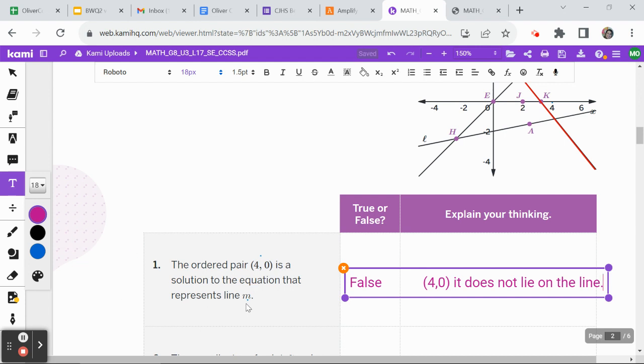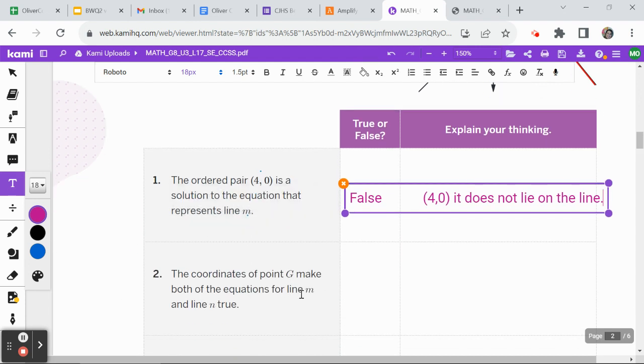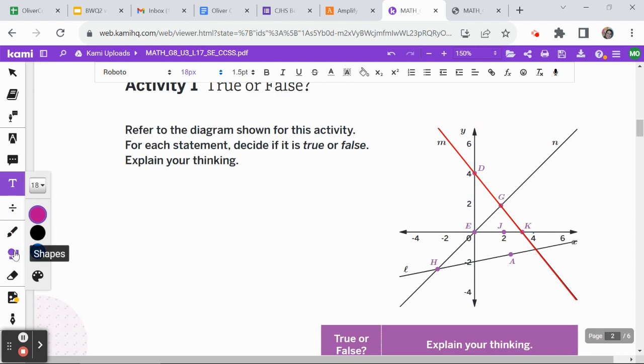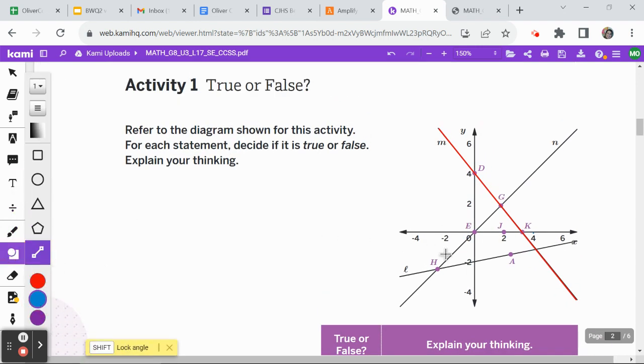All right, so again on line M and line N. The coordinates of point G make both of the equations for the line M and N true. So now we're comparing two lines with another point. So N is this line over here. And see how we have point G? Well, point G is intersecting both lines.